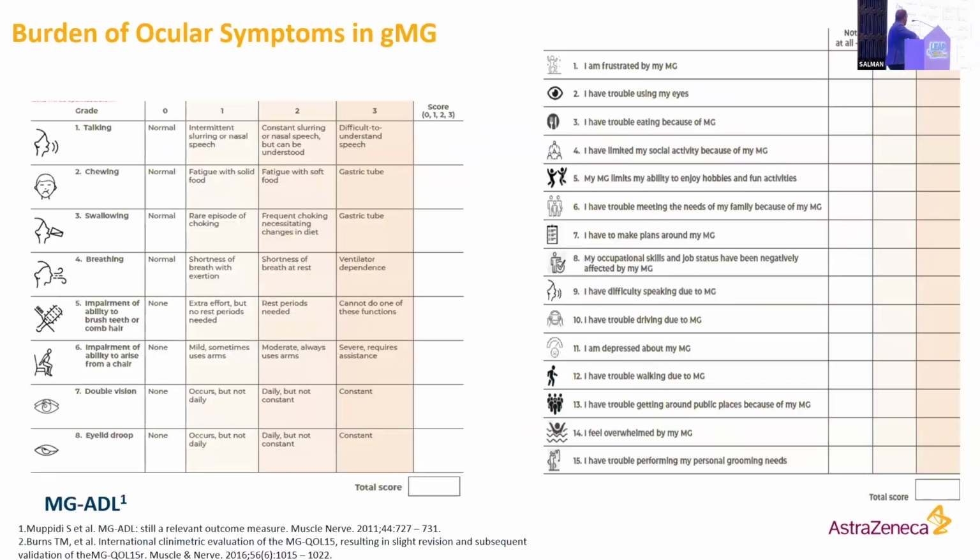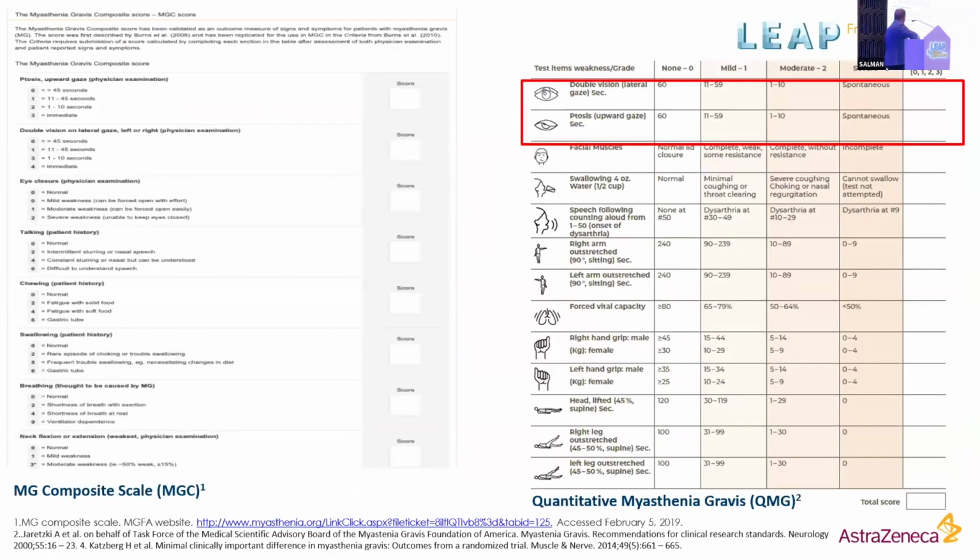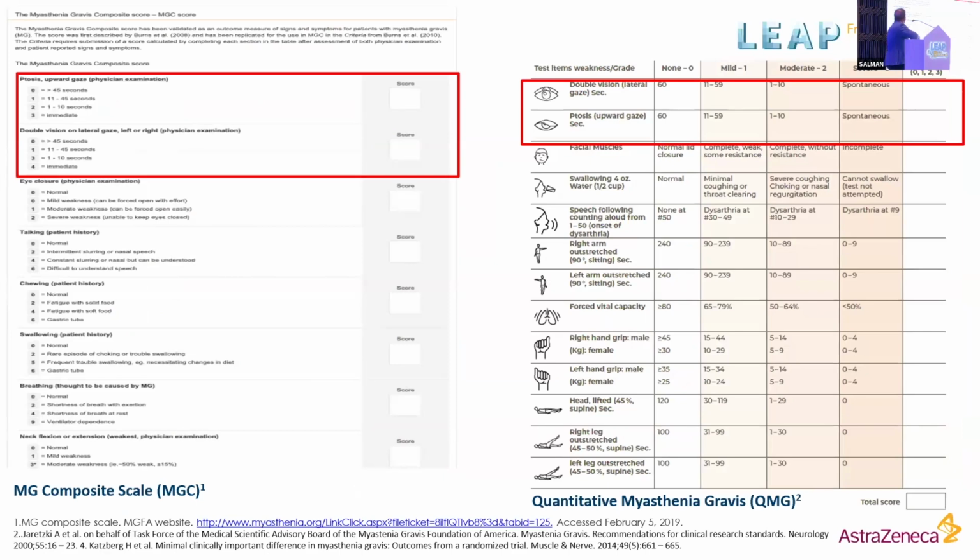And if you look at the quality of life measures, for ocular myasthenia you'll have probably one or two items. So it doesn't really reflect the significance of these symptoms, because you have one or two items out of 10 or 15. Here you have two items, double vision and ptosis. And this is more objective, the MG composite score.